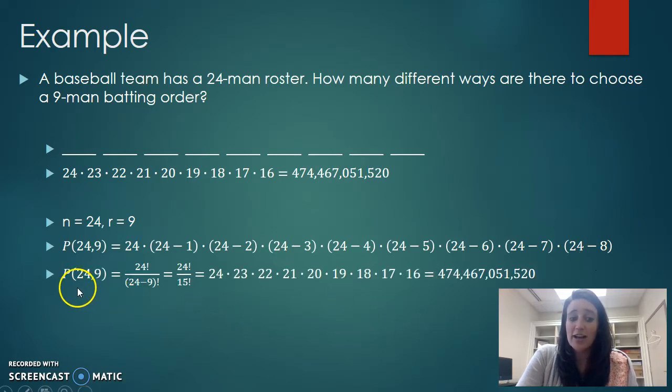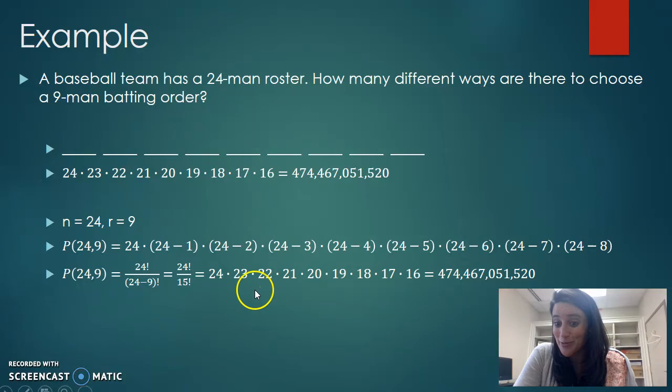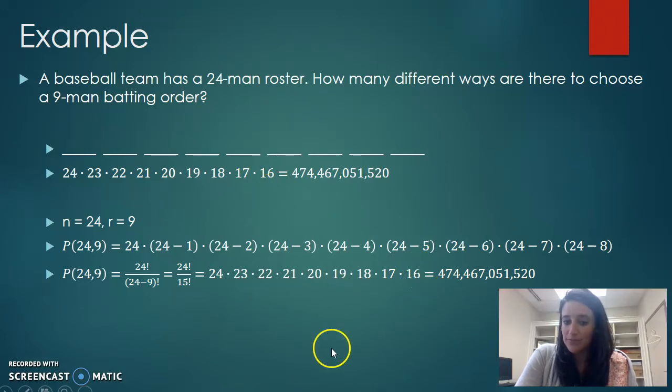I can also use factorials. If I use factorials, it would be 24 factorial divided by N minus R, so 24 minus 9, which is 15 factorial. And when you write these numbers out, it turns out that the 15 times 14 times 13 all the way down to times 3 times 2 times 1, this whole factorial cancels off the 15 factorial that I had on top, which is why it stops here at 16, the way we wanted it to.